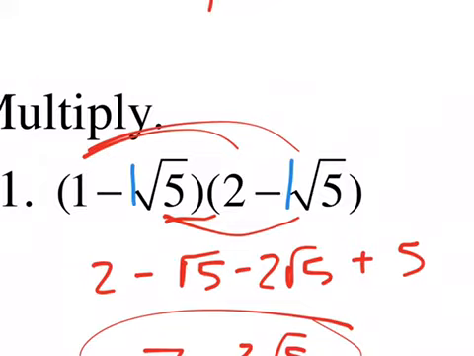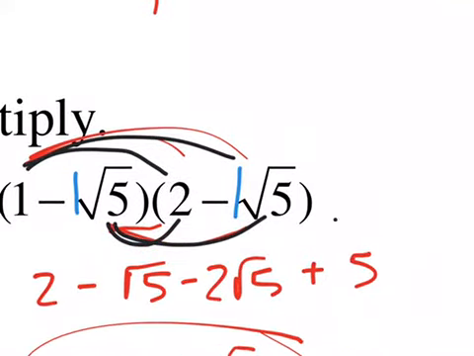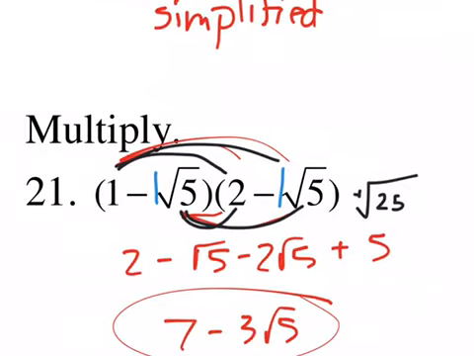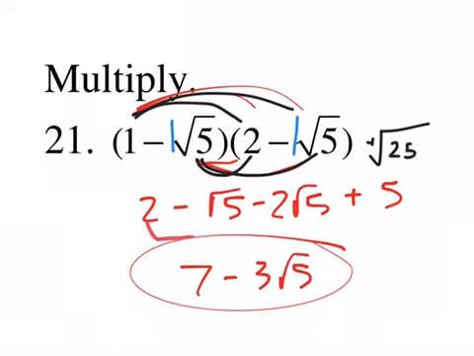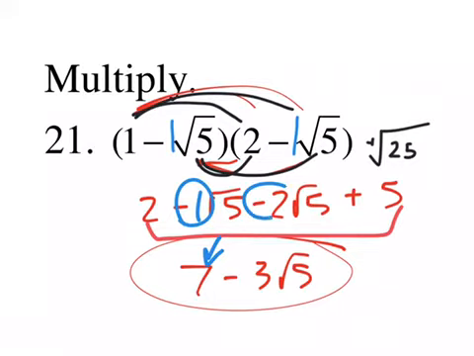We've got the 2, got the negative square root of 5, negative 2 square root of 5, and then this 5 came from the square root of 25, which turned positive because of negative times negative right here. Positive square root of 25 is a 5. 2 and 5 give us this 7. And then you interact this. This is negative 1 minus 2 to get that negative 3.